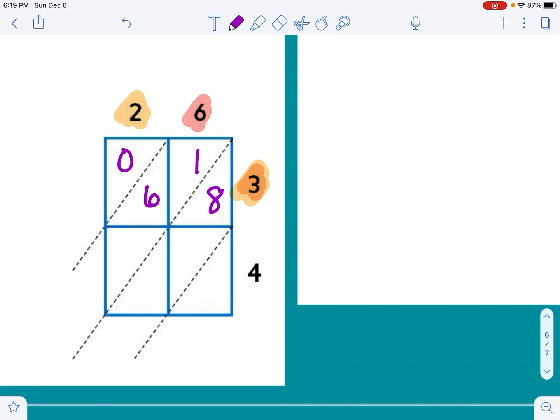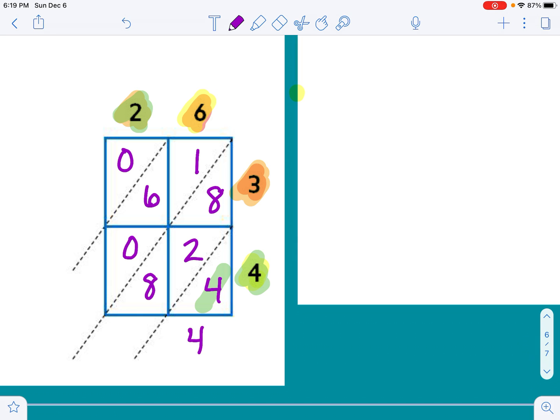Then I have a 6 in the column and a 4 in the row, so we have 6 times 4 is 24. And then my last one would be 2 times 4 is 8. Again, I put a 0 here and an 8 here. Once all my boxes are full, I'm ready to add my diagonals.